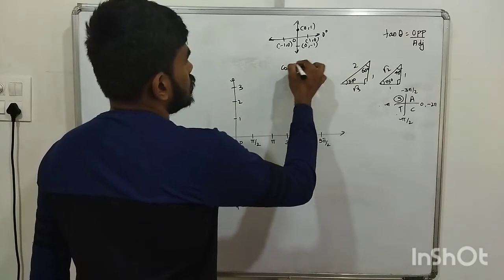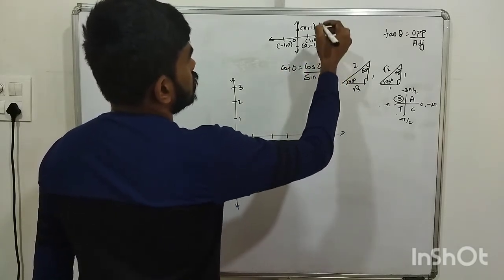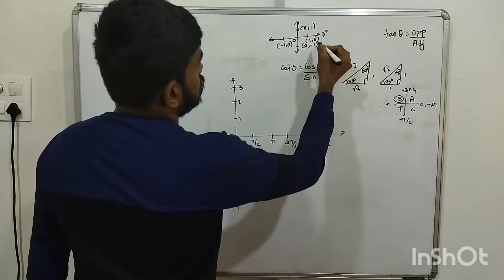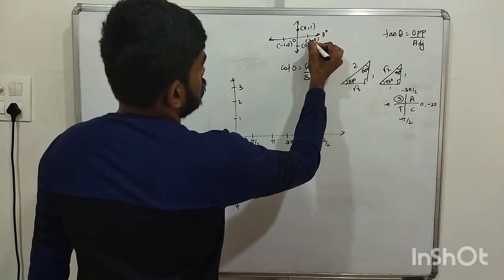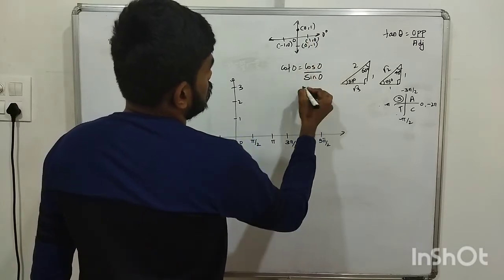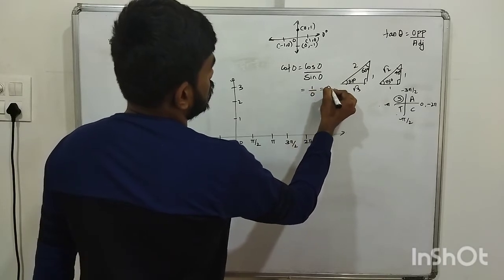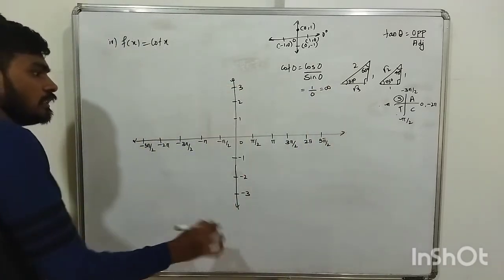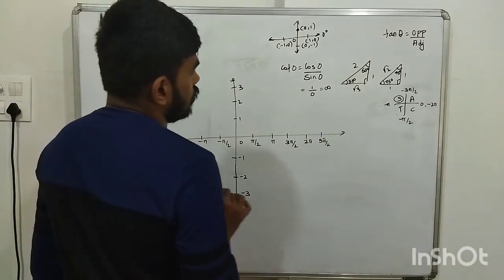If we take cot of 0, cos 0 is 1 upon sin 0, which is 0, so it will be infinity here. Cos 0 is 1, sin 0 is 0, so infinity. So at 0 degree we won't have any value of cot theta.